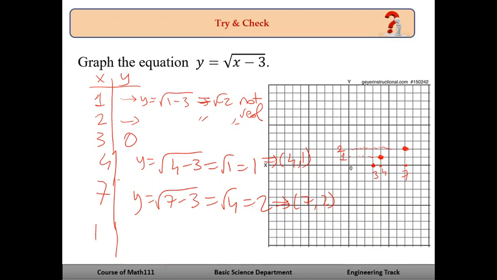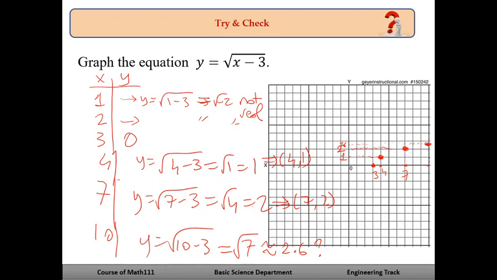And how about taking 10? Square root of 7 has to be something like 2.6 or 7 maybe. We can check it with the calculator, but it will be like here. When it is 10, it will be about 2.6 or 2.7.